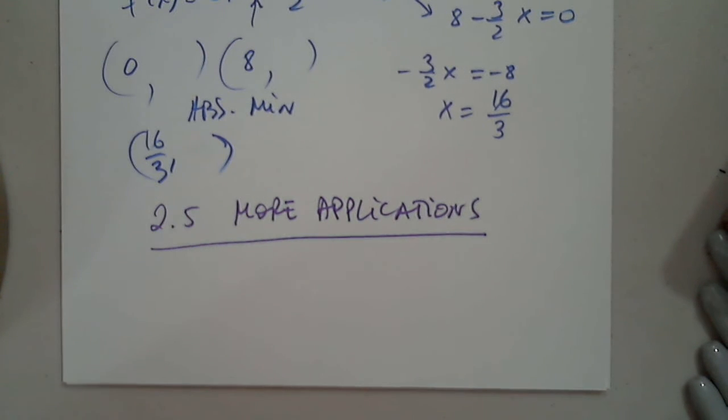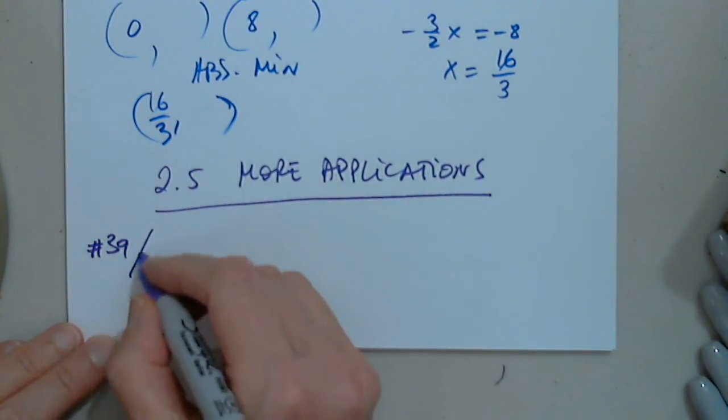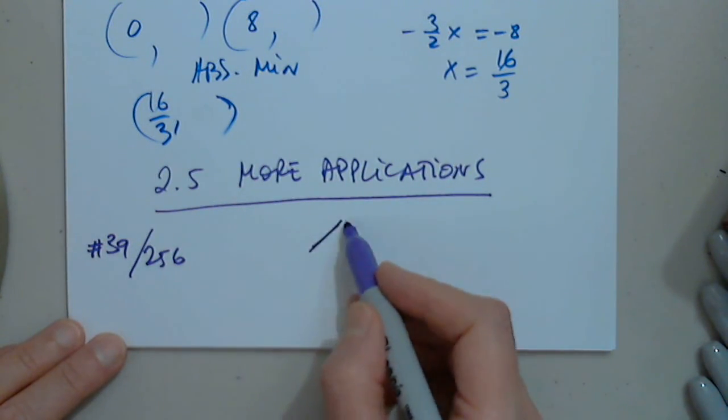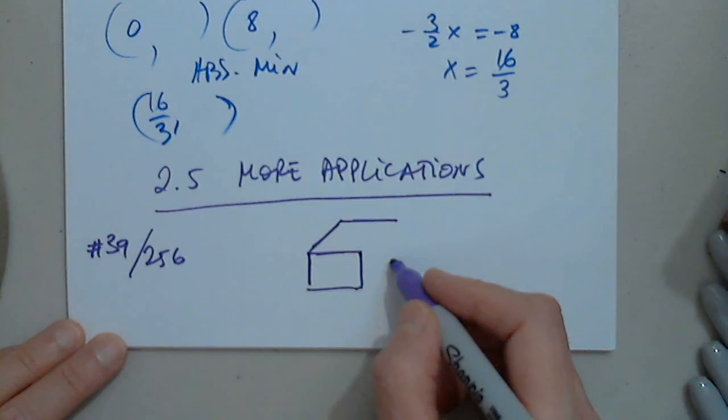A rectangular parking area measuring 5,000 square feet is to be enclosed on 3 sides using chain link fencing that costs $4.50 per foot. So the area is 5,000, and just 3 sides will have fencing. That's on page 256. I'm just going to draw a picture, and then I'll stop sharing.